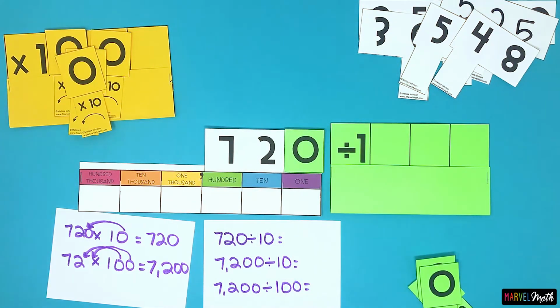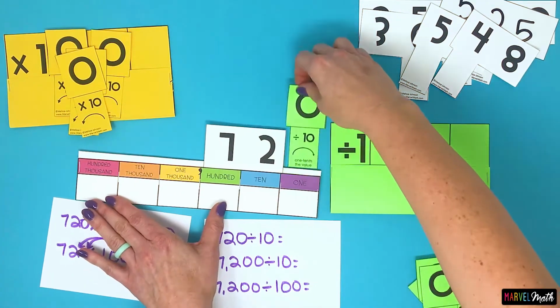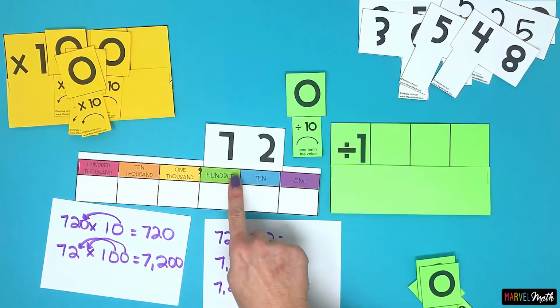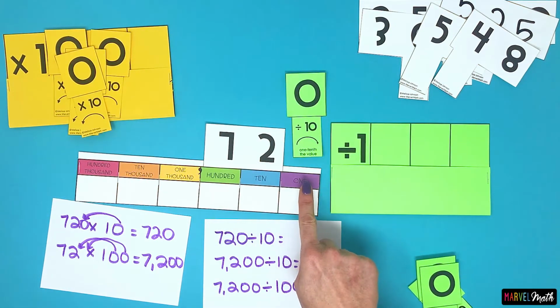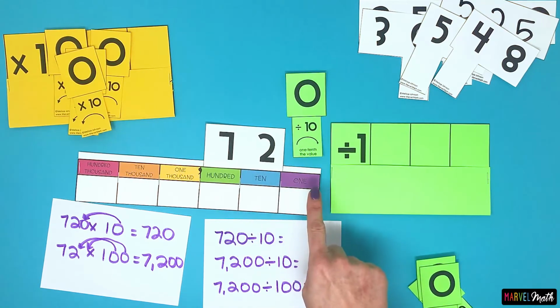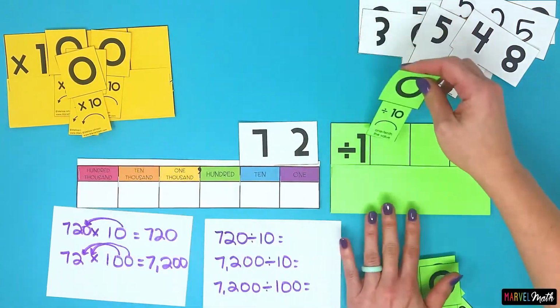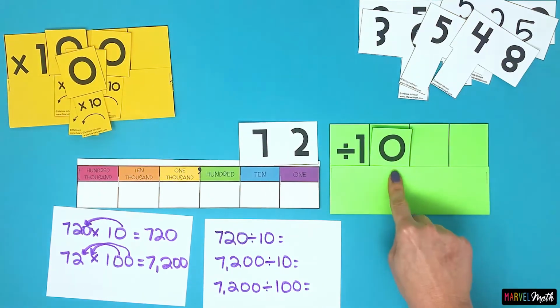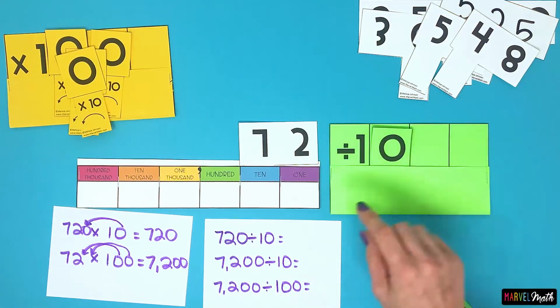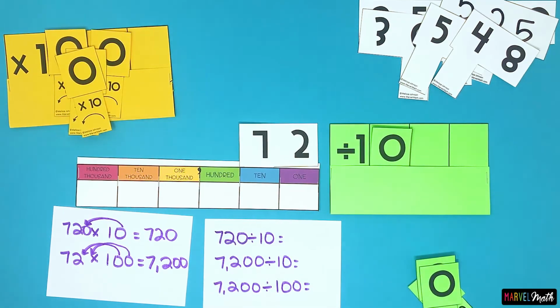That is because every time I divide by 10, I need to move my number 1 place to the right because I'm actually decreasing the value of that. I'm making it 1/10 the value that it was before. So I build 10 over here by taking the 0 out, and now my quotient is 72.